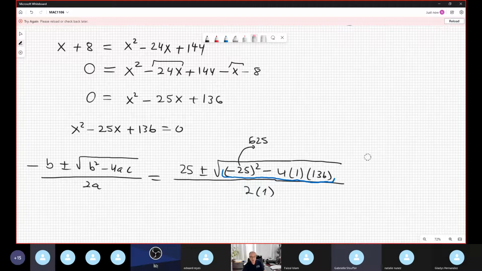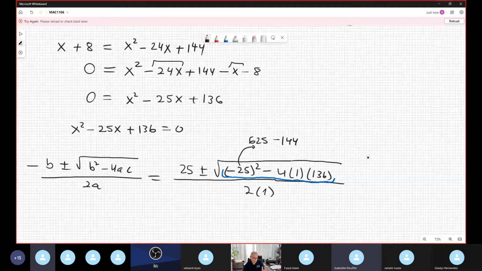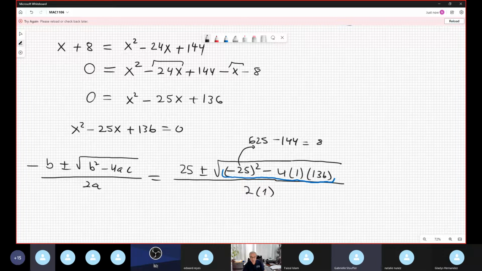The negative stays negative. Minus 144 is the multiplication of 4 times 136, because times 1 is the same, the 1 is invisible. And the answer of the subtraction is now 81. Nice. And now the square root of 81 is 9.